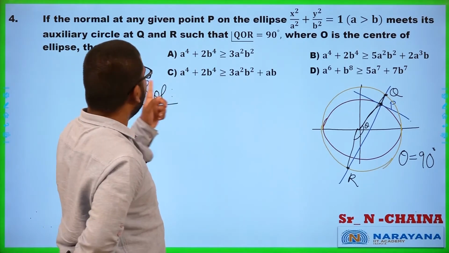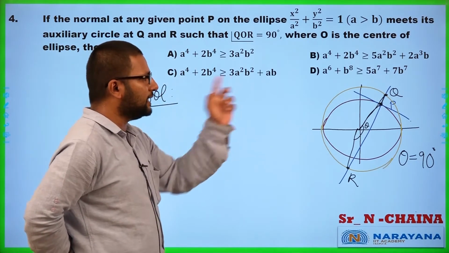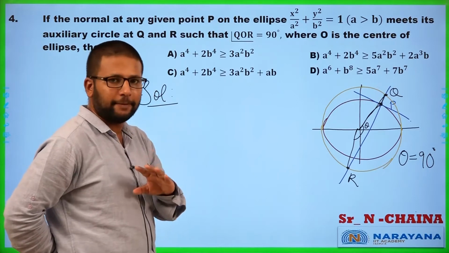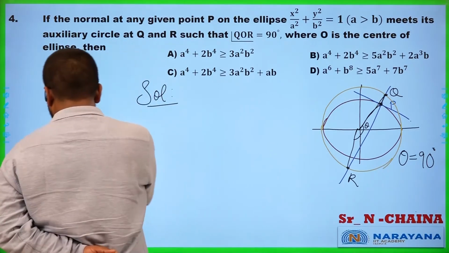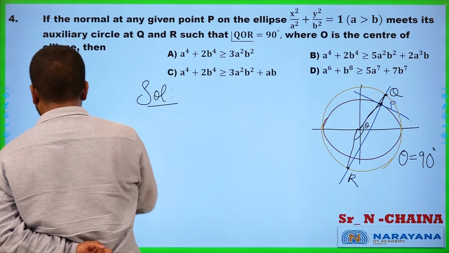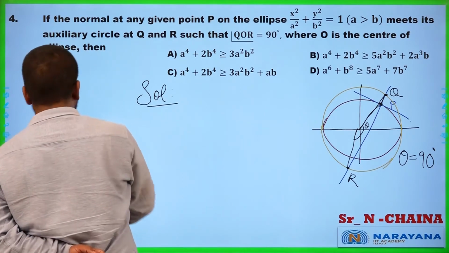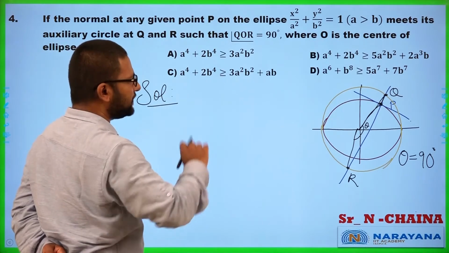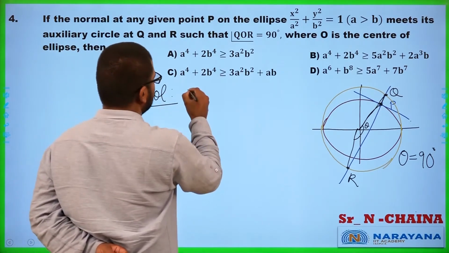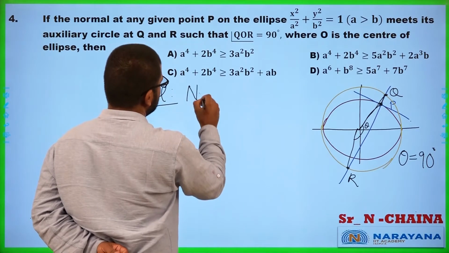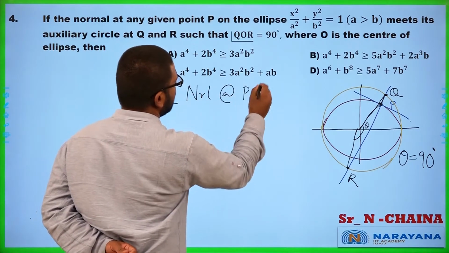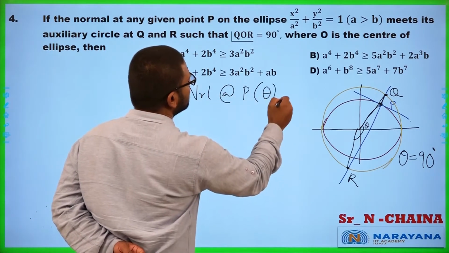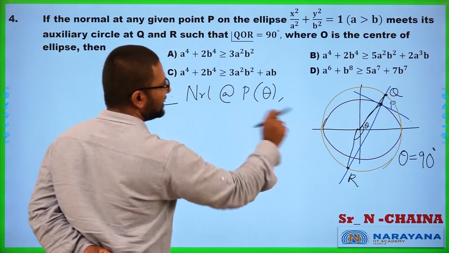Now we need to find out what is the condition satisfied by A and B. So let us first find the equation of the normal, right? So the normal at P of any general point, sorry, that is theta.